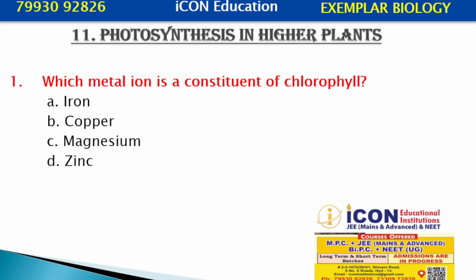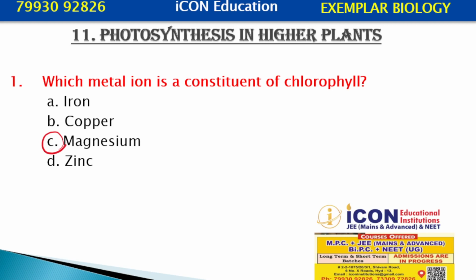If you look at the options iron, copper, magnesium, zinc, we know that magnesium is the essential metal ion which is the constituent of chlorophyll, because it is the site at the center of the porphyrin ring structure and it facilitates the light absorption during photosynthesis, giving the plants their green color.